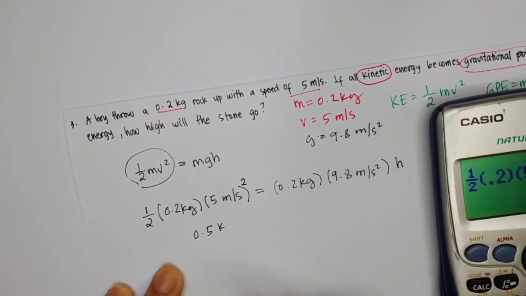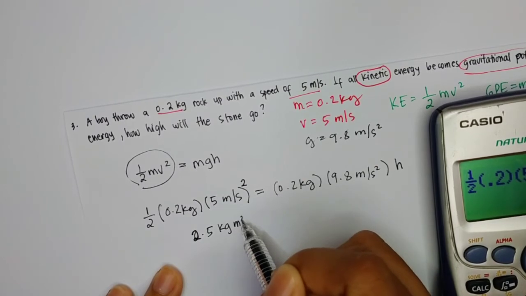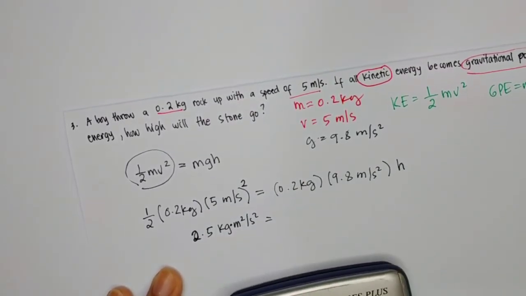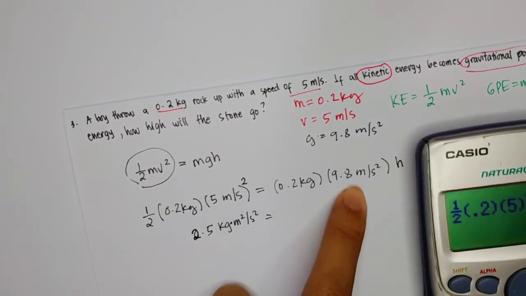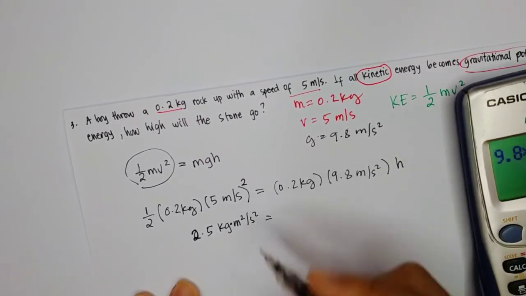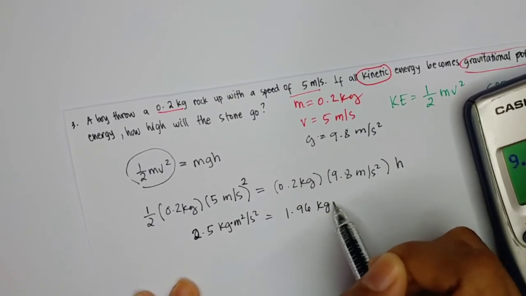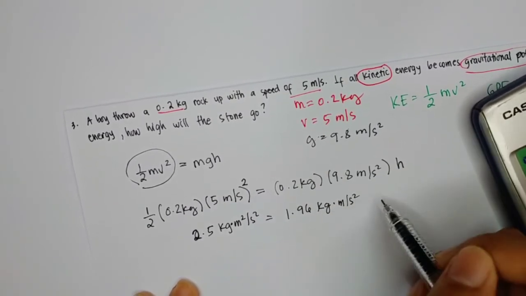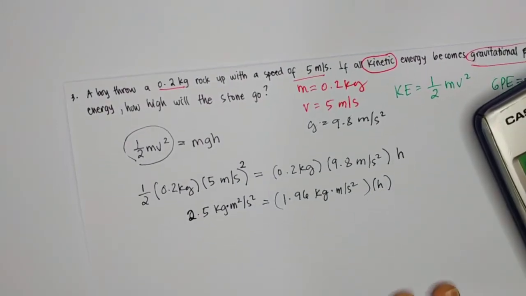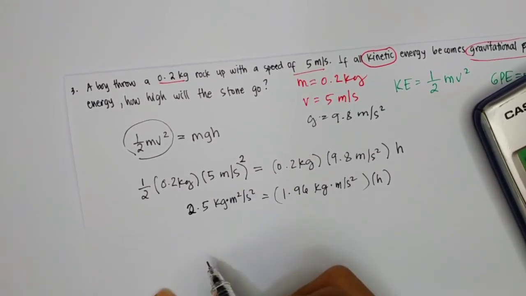So this is 2.5 kilogram meter squared per second squared, which is equal to 9.8 times 0.2, so this is 1.96 kilogram meter per second squared times height. After that, we divide the whole expression by 1.96 so we can solve for height.